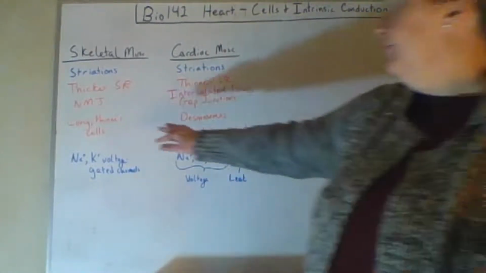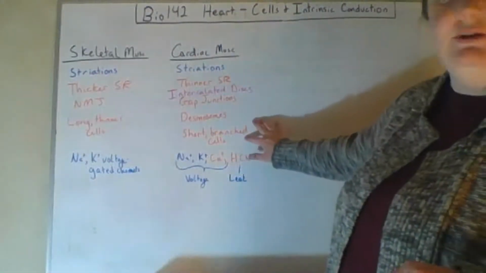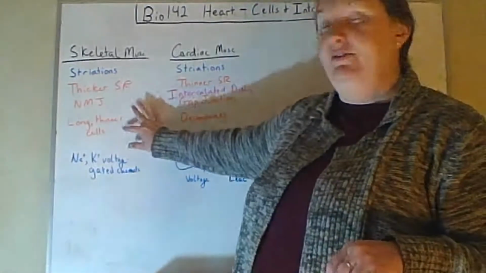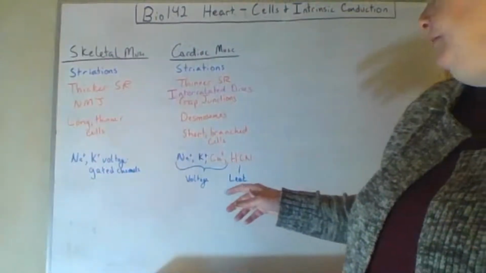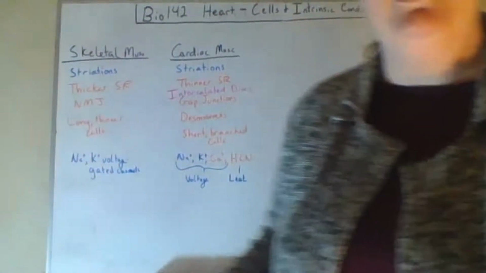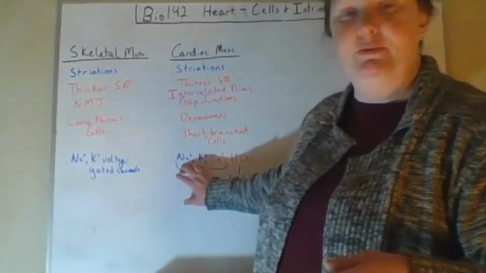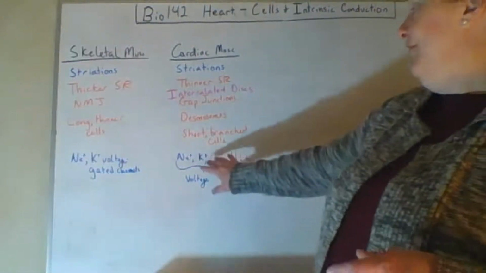All right, the cells are long and thin in skeletal, short and branched in cardiac. And actually, they usually only have 1 or 2 nuclei, whereas in skeletal muscle, remember, they had a lot of nuclei. All right. Our voltage-gated channels are going to be somewhat similar. You're going to have sodium and potassium, just like you did with skeletal muscle. But, oh, look at this.